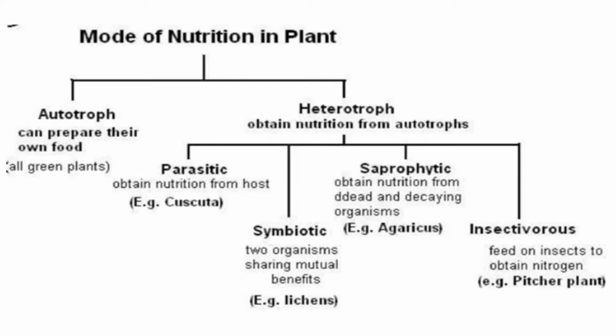So I can say that heterotrophs directly or indirectly obtain nutrition from autotrophs, and they are mainly of four types: parasitic, symbiotic, saprophytic, and insectivorous. The heterotroph mode of nutrition is also known as the special type of nutrition.